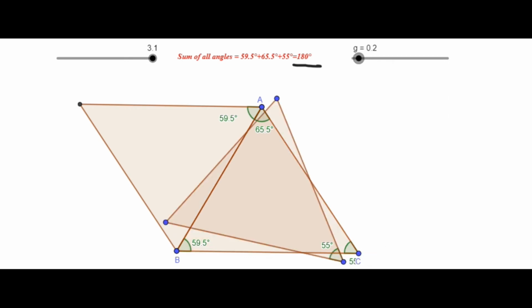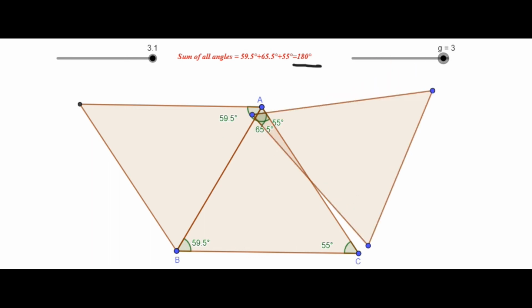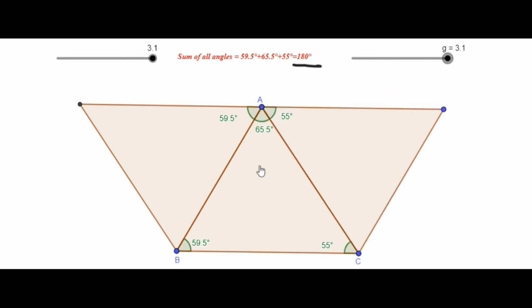So keep looking at angle C here, which is 55 degrees. I just rotate it and look where angle C is going, and it lines up right next to angle A. So as you see, all three angles of a triangle are lined up together on a straight line, and because they are on a straight line, they should add up to 180 degrees. So that's a real nice visual proof of how we can do that.